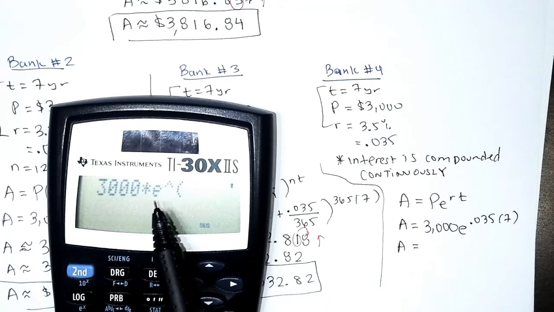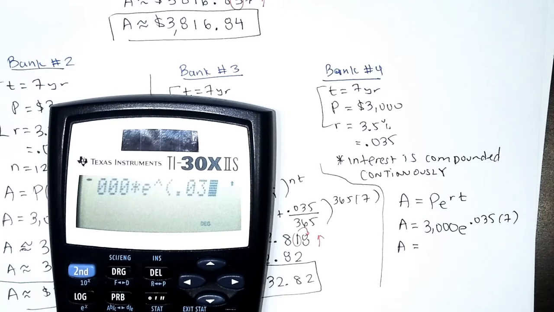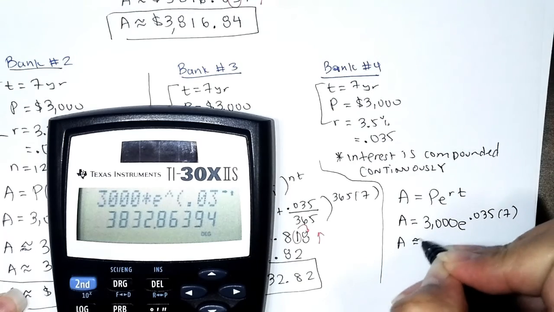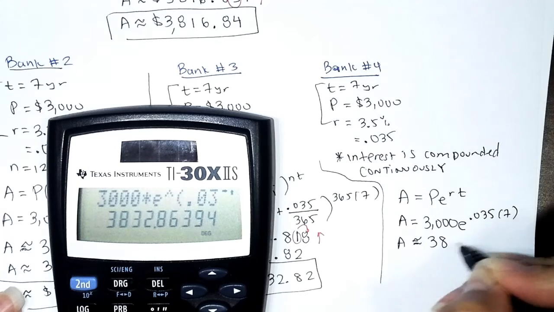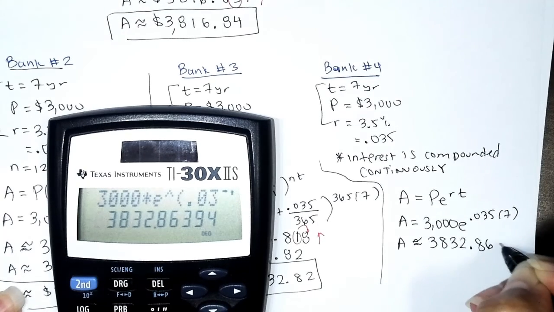So it automatically says E raised to something. So raised to this product, 0.035 times 7, close the exponent, we'll hit equals. Let's go ahead, write it. We have, sorry, my Spanish comes out, 3832.863.